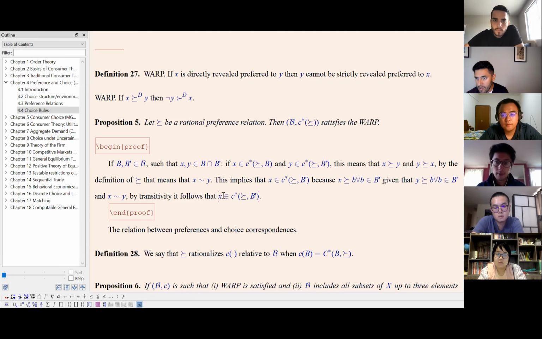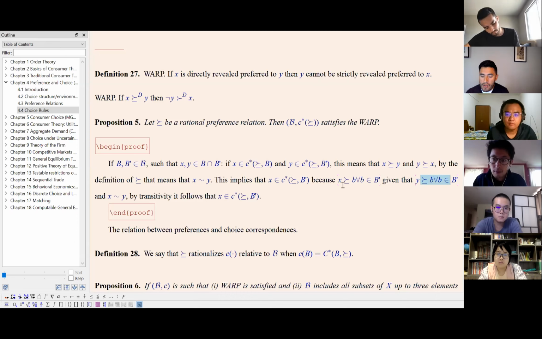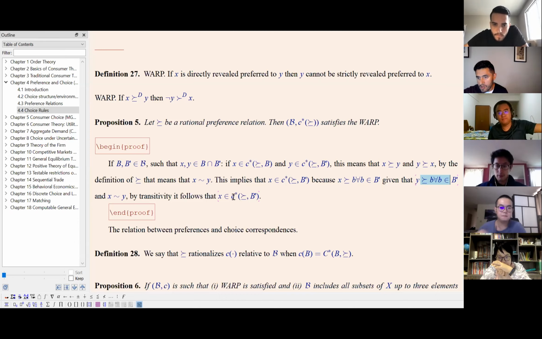So if Y is in the second menu, by rationality, it must be that Y is above all other items B in that menu. Now, because by the previous information X is indifferent to Y, and X is also in B prime, by transitivity I know that X is weakly above every other item there, so also at the top of the rank.